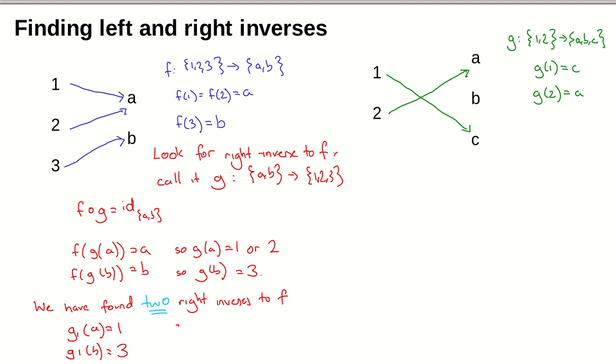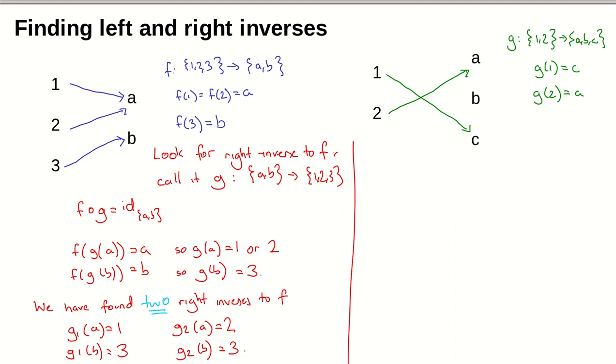And the second one, g2, defined by g2 of a is 2 and g2 of b is 3. This is an example of what I was talking about earlier: a function, if it has a right inverse, may have more than one right inverse.